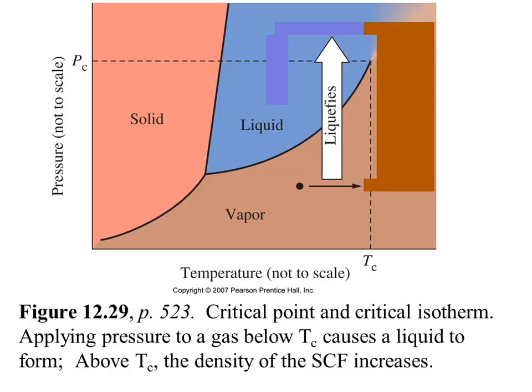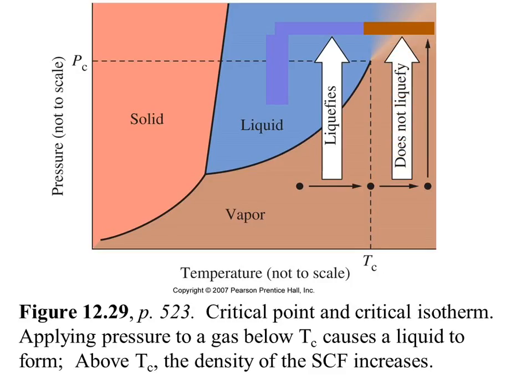Well, if you take again the original pressure and move over here to above the critical temperature, I guess the point here is, if you are beyond the critical temperature, you add pressure, add pressure, add pressure. It starts out as a gas. The best you can do is for it to become a supercritical fluid.